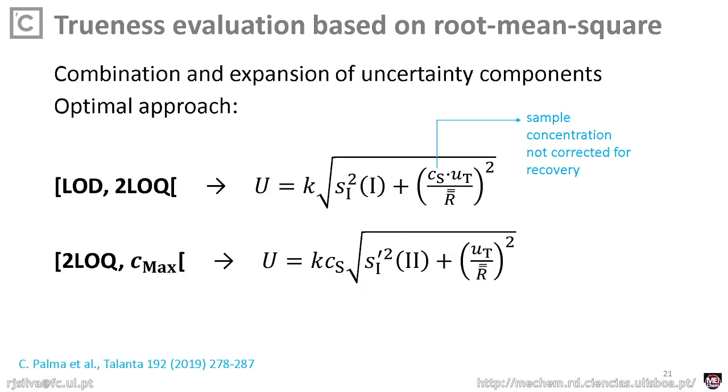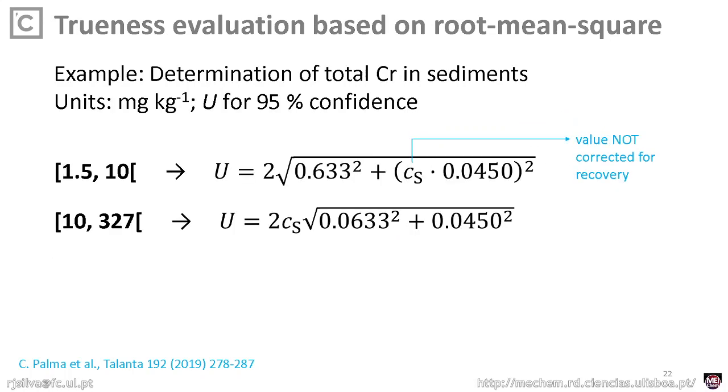So if we apply this to that specific determination of chromium in sediments, we can have the expansion factor, the intermediate precision standard deviation square. So here is the trueness relative standard uncertainty from this Nordtest approach.